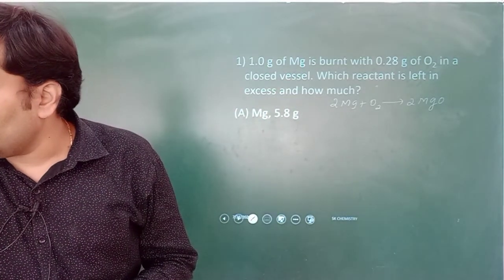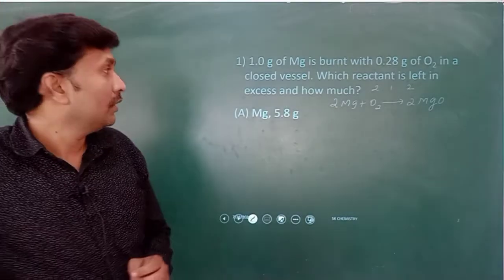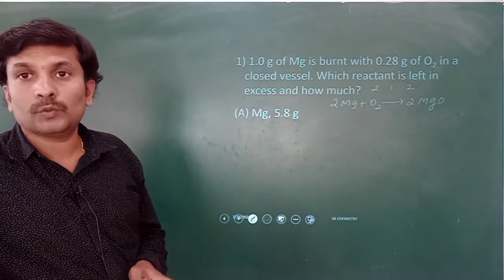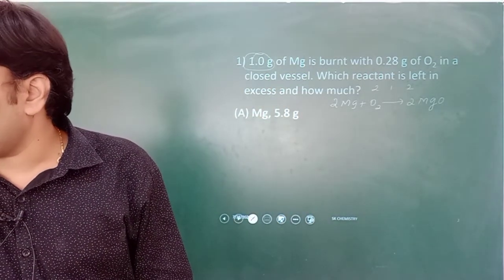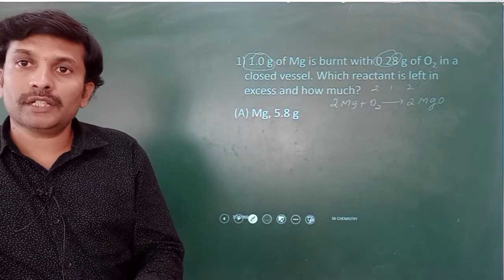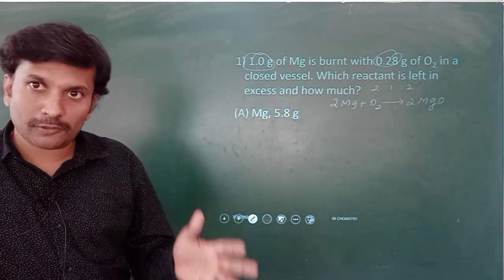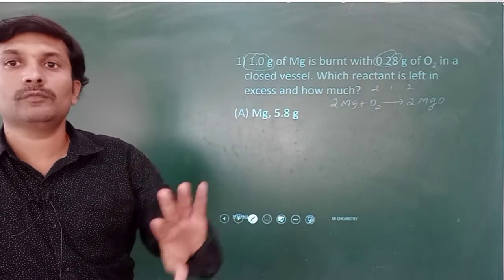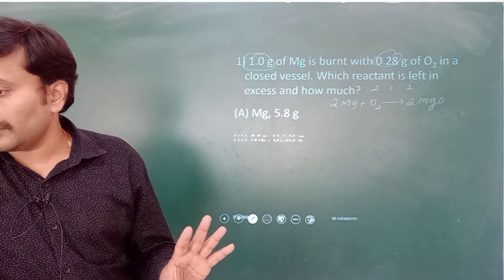The ratio is 2:1:2. Now, what about the grams? Always try to take the grams and convert them into moles. Or you can convert into volumes or Avogadro number of molecules, but I suggest you convert into moles. It will be very easy, because you can easily calculate.